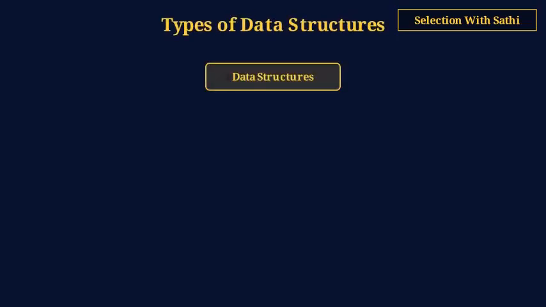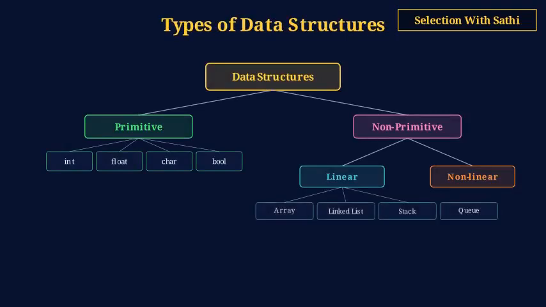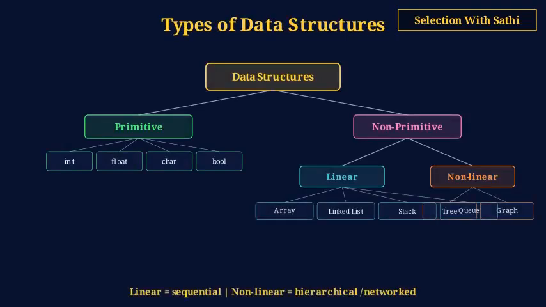Let's now classify all data structures systematically. At the top level, we have primitive and non-primitive. Primitive data structures are the basic types built into the language: integers, floats, characters, and booleans. Non-primitive data structures are built using primitives.